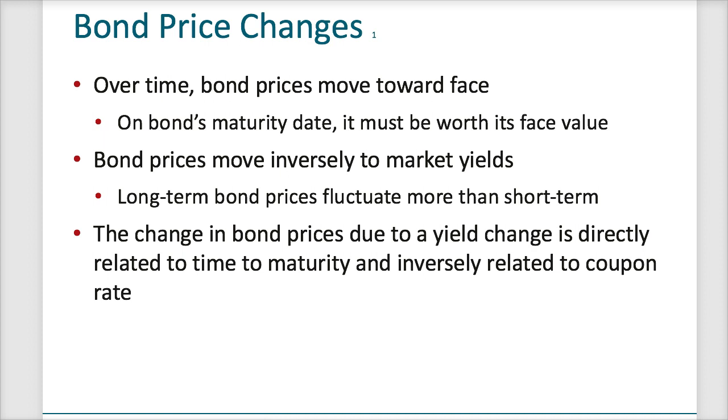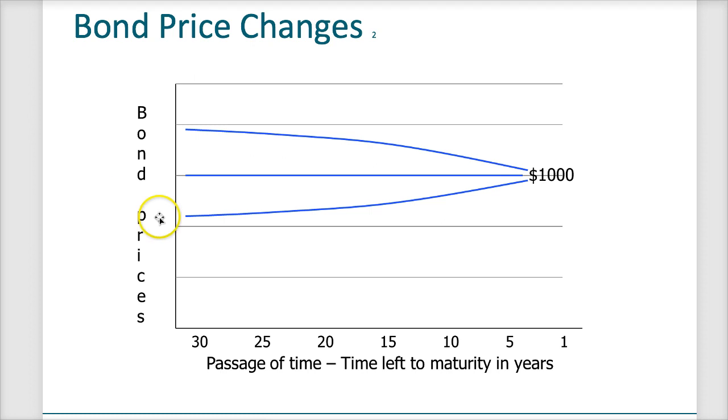Longer term bonds, of course, will fluctuate more than shorter term bonds because there are more periods of interest to be earned, and they have higher volatility compared to the shorter term bonds. The change of bond price is going to be related to the change in the current yield. So time to maturity and that inverse relationship to the coupon is what's going to set these bond price changes. So here, if we look at a bond, this is 1 year to maturity.